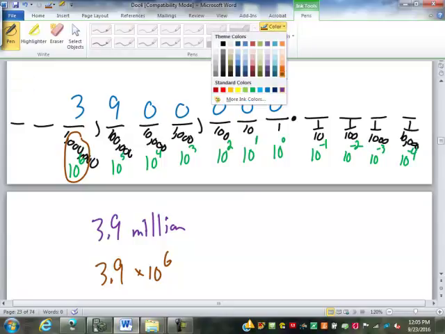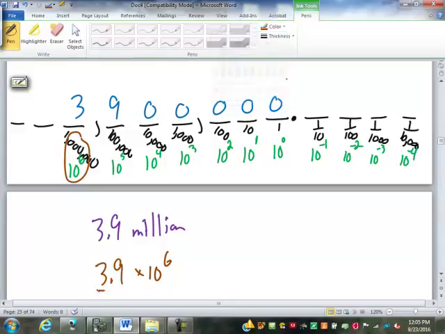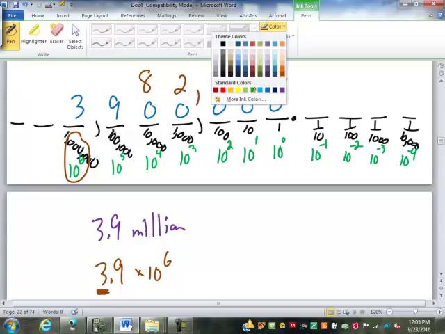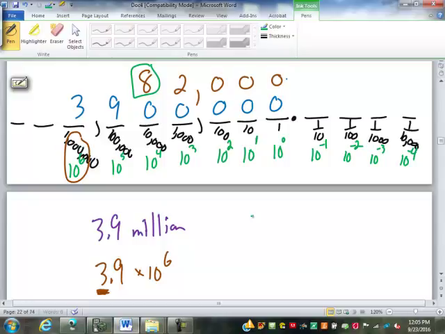If I want to write a number in scientific notation, I write it so that there's only one digit in front of the decimal point, and then I name the place value of that digit. So let's say that we have 82,000 here. Well, my first digit is the 8. This is 8.2. Then I have to name the place value of that digit that's in front of my decimal point.